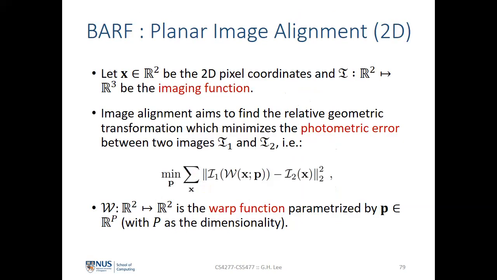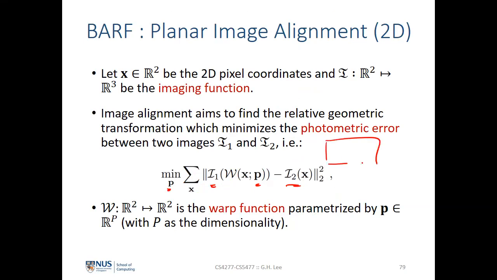So basically, if you look at 2D image alignment, you can have two views, I2 and I1. You can have a warping function that takes a pose of the image and any point on the image. You can warp this.